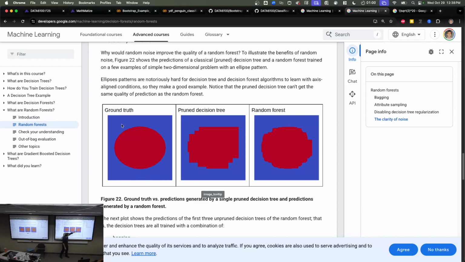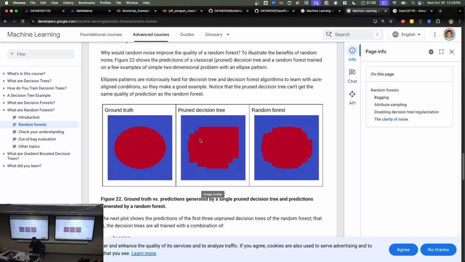By averaging together many jagged things, you get something a little more smooth. This is also how your computer works, right? It's got a lot of pixels. The more pixels you have, the more you can approximate things like that. So every individual tree is kind of blocky, but the average of many trees can match these kinds of things. So that's another way to think about why random forests are quite nice.